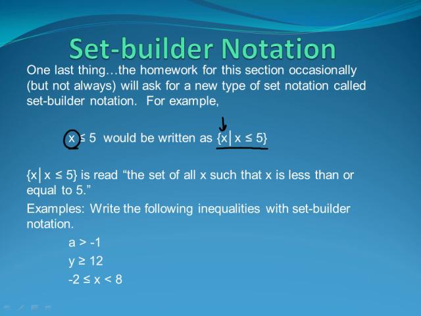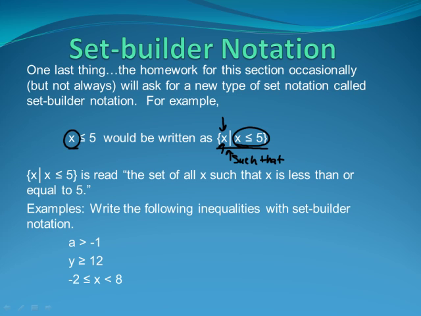That represents all of the x values that are in the solution set, and then that vertical line represents the words "such that." So we've got x such that, and then whatever follows that vertical line represents the restrictions on the set.